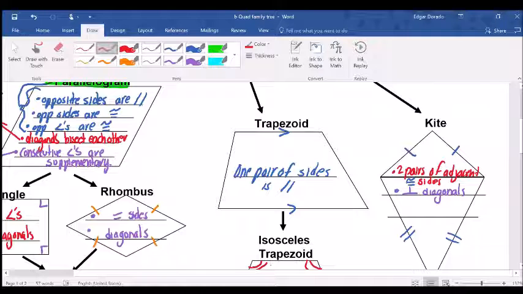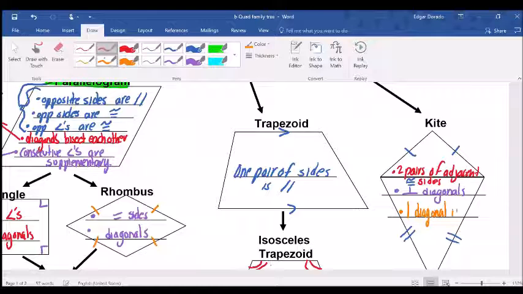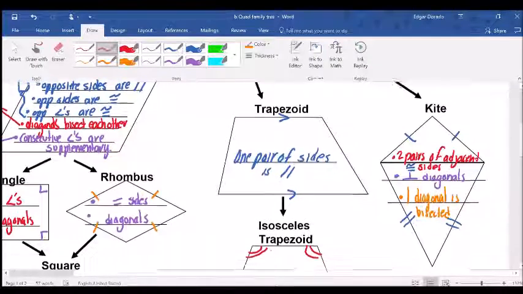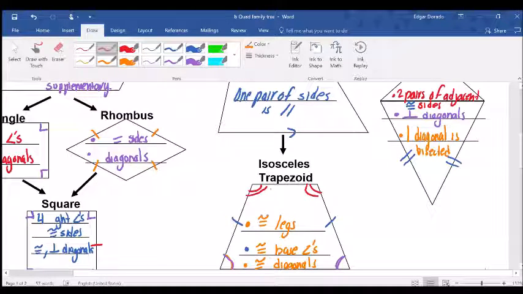All right, and there is one more trait that we have to still write in, and it is this: one of the diagonals is bisected. And for that, I'm actually going to go ahead and draw a different kite here to show you guys that as an example.